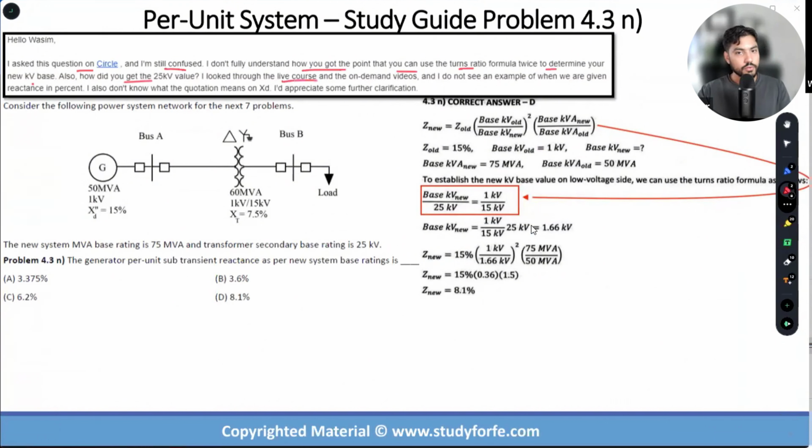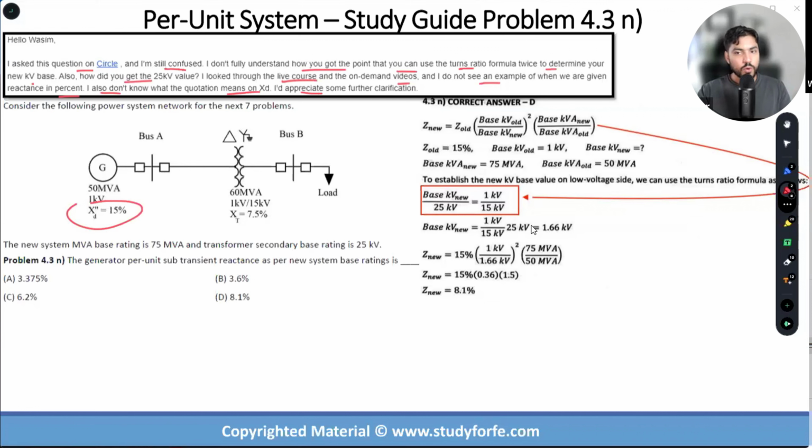I looked through the live course and on-demand. I don't see an example where we are given reactance and per unit. So it sort of builds on the previous question in some sense. I also don't know what the double prime means on X_d. So X_d double prime is the subtransient reactance. I have an entire lecture on that in the on-demand. I appreciate some further clarification.